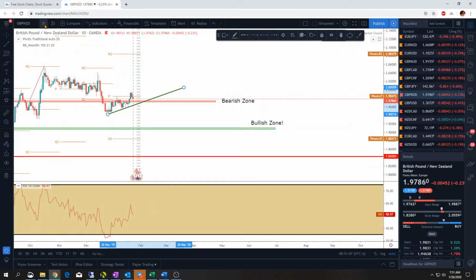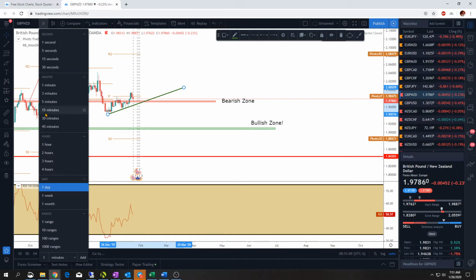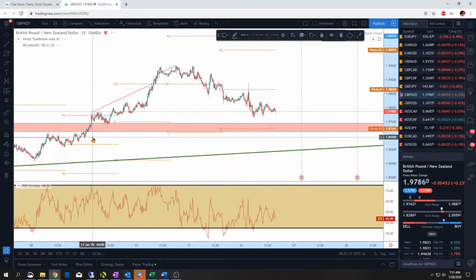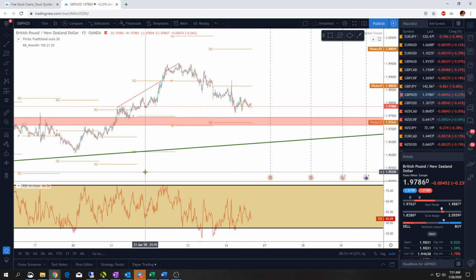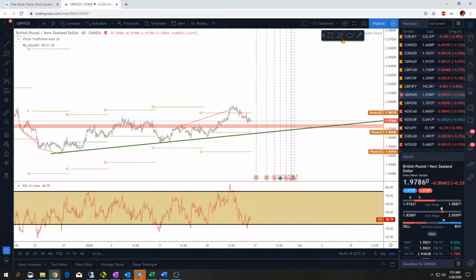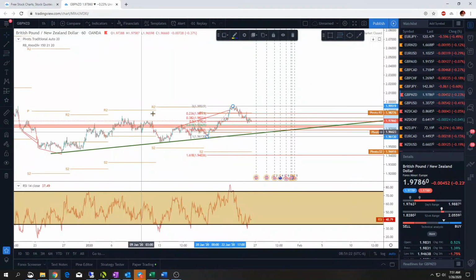And if we go down to a smaller time frame, say the 15-minute, let's go to an hour. If you do a Fibonacci on this impulse leg, price is sitting at 0.5, so we could easily see a continuation off that retracement.